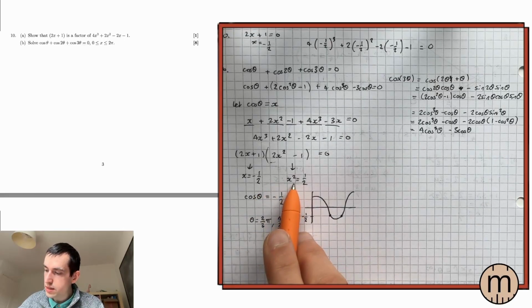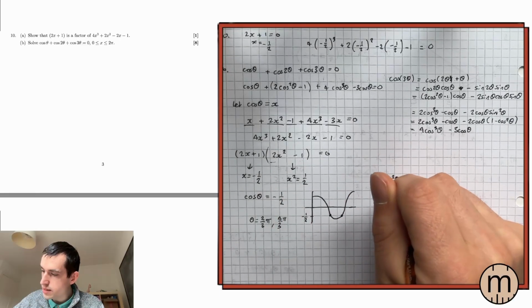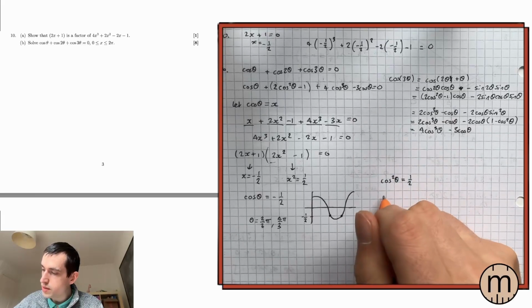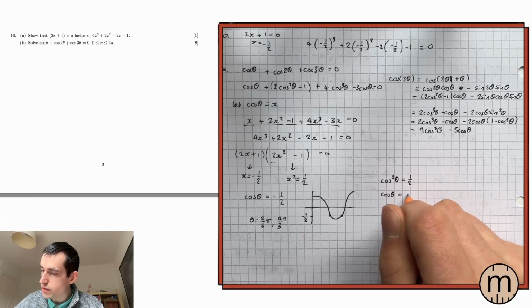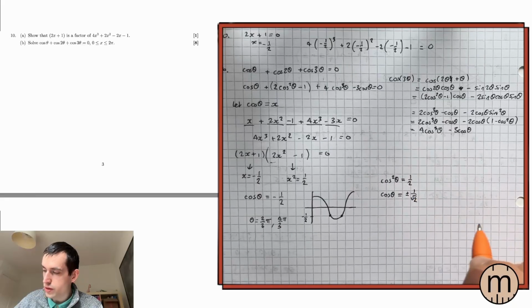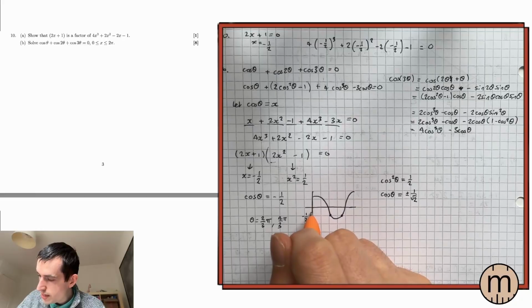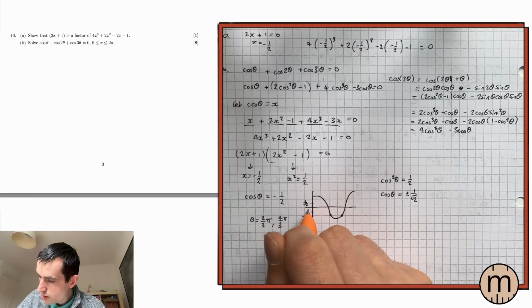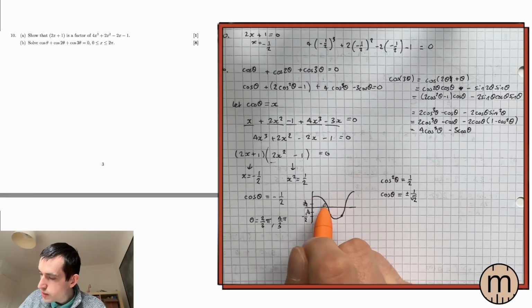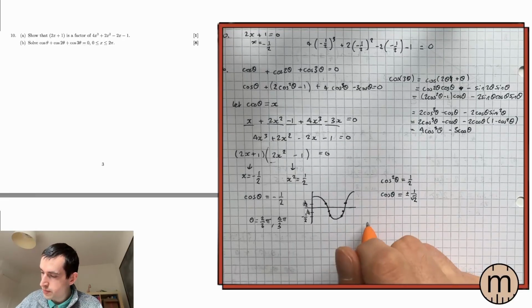For this one, it's saying that cos squared theta is equal to 1/2, which means that cos theta is equal to plus or minus, don't forget your plus or minus, 1 over root 2. So if we plot that on the diagram, that's somewhere in here and here. So we're going to get two more solutions for 1 over root 2 and two more solutions for minus 1 over root 2.